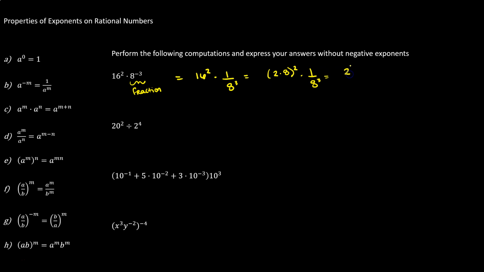So that looks like 2 squared times 8 squared, divided by 8 cubed. I can simplify my 8 factors. 8 squared divided by 8 cubed would leave one factor of 8 in the denominator. So we would have 4 over 8, or 1/2.